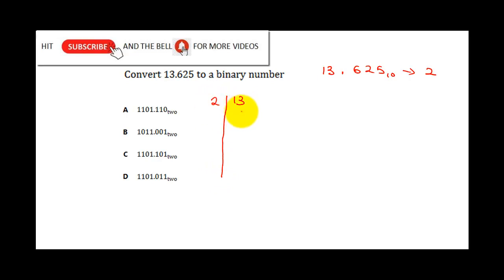We're going to have 6 remainder 1. That's 2 into 6, we're going to have 3 remainder 0. 2 into 3, we're going to have 1 remainder 1, and 2 here with 0 remainder 1. So 13 is going to be 1101 base 2.